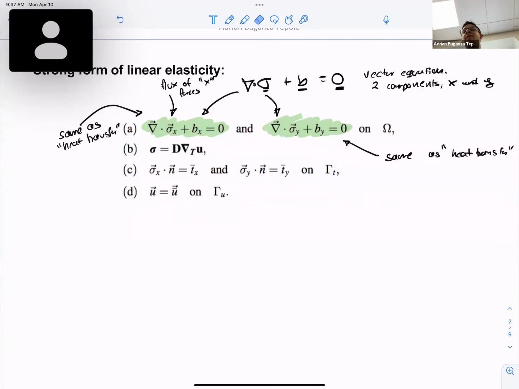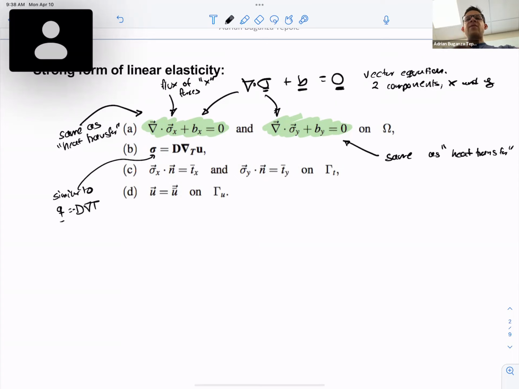Similar to the heat transfer problem, there is a relationship between the stress and the gradient of, not temperature, in this case displacements. There's a little bit something special about this gradient, it's just the symmetric gradient. But you can see that this structure is similar to heat transfer.